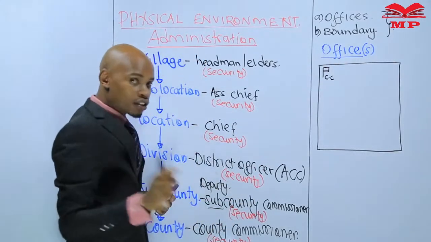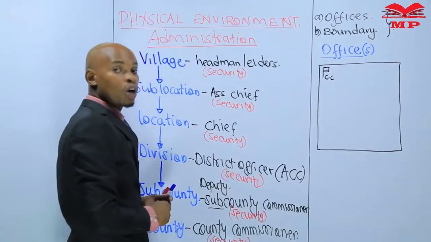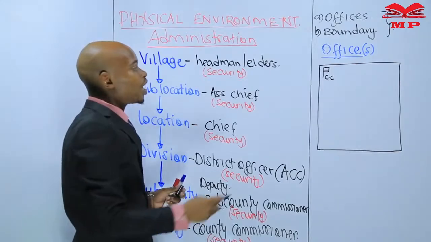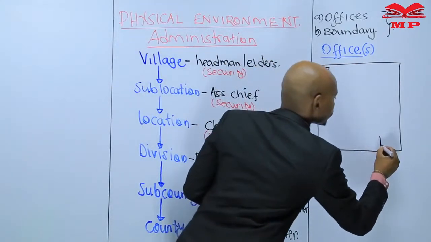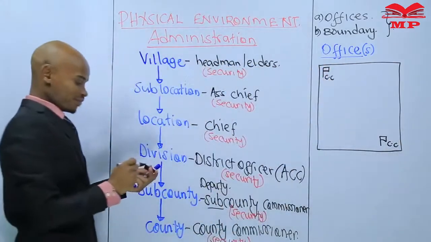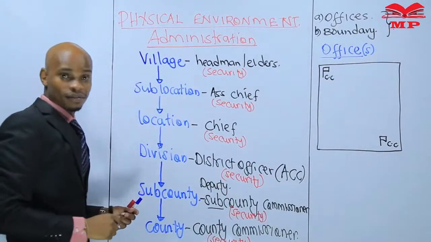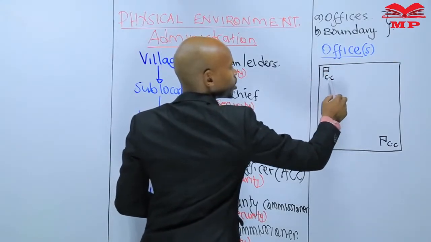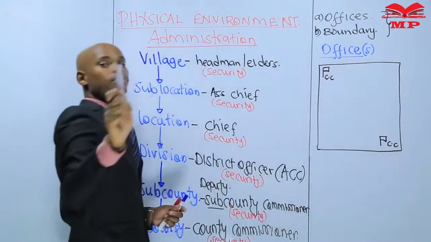But I have to mention something else about an office. What if there were two chief camps? In our first example, there was only one office, so the administrator was a chief.